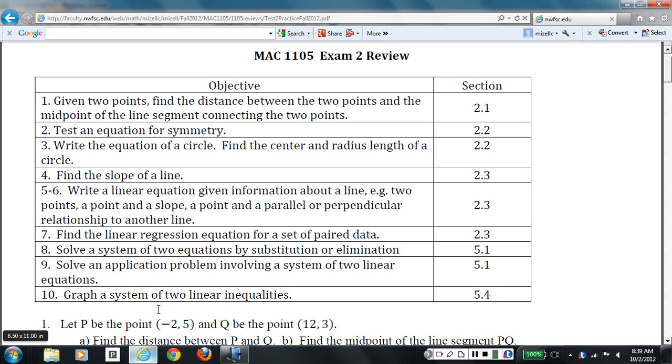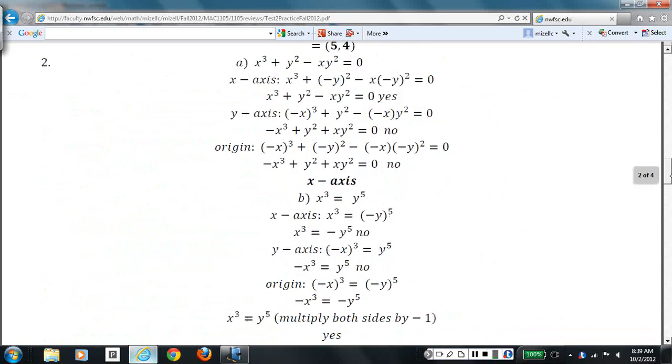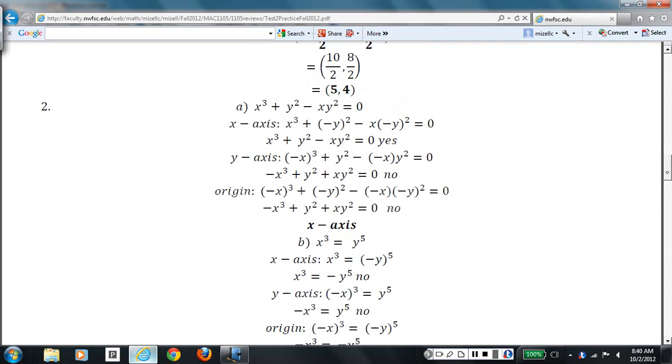And as you'll recall, if we're suspecting that it might have y-axis symmetry, we can substitute negative x for x, simplify, and let's see, in the solutions down here, if we get the same equation, then it does have the symmetry. If we get back what we started with, it will have that symmetry.